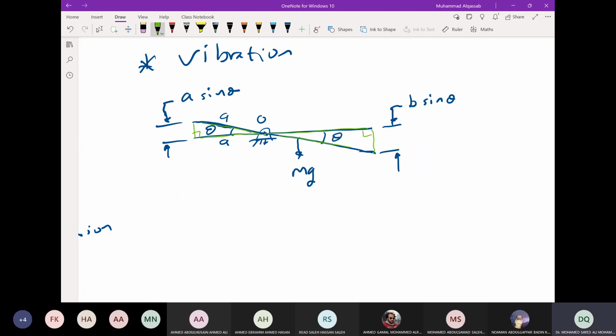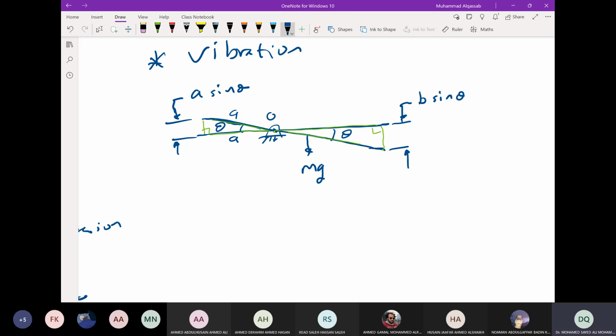This might be a bit longer here, and a bit longer on this side. So this is the vertical deflection on the other side. We have B sine theta and A sine theta because the angle is the same for both. Those are similar triangles.